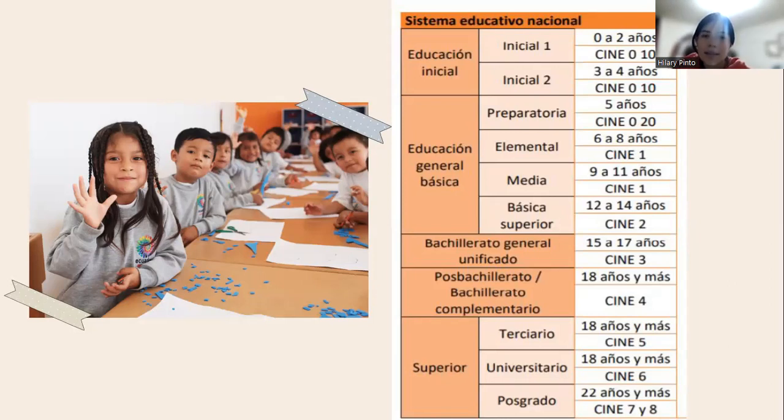but there is a small difference between private schools and public schools, because public schools receive just 3 hours of English per week, and many private schools are also bilingual, so it is a difference.